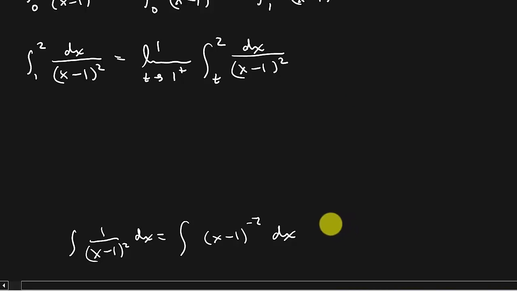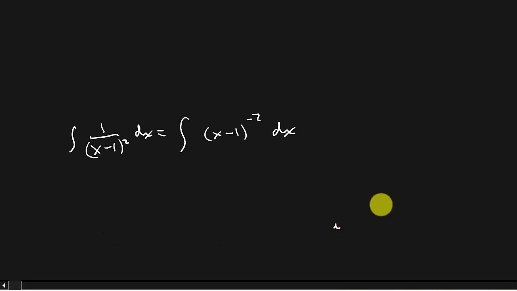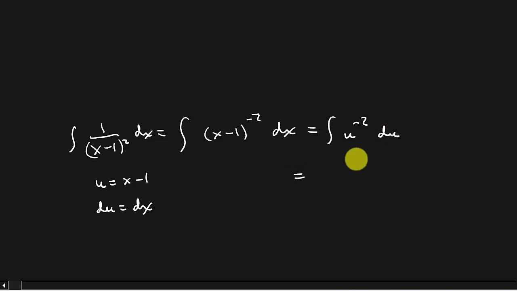We're going to let u equal x minus 1, du is dx. So this is u to the negative 2 du, which is u to the negative 1 multiplied by the reciprocal of your new exponent. That's going to be negative 1 over u, which would be negative 1 over x minus 1.